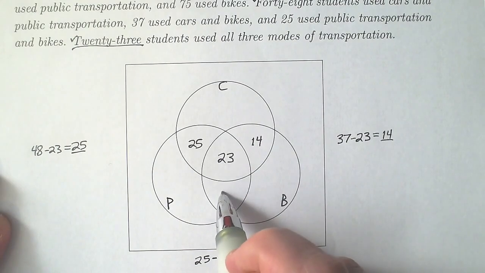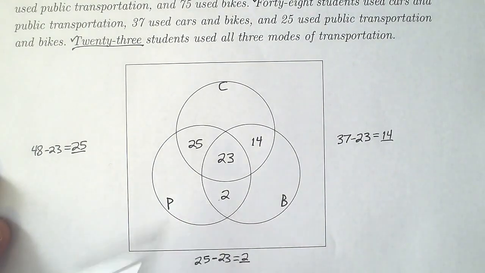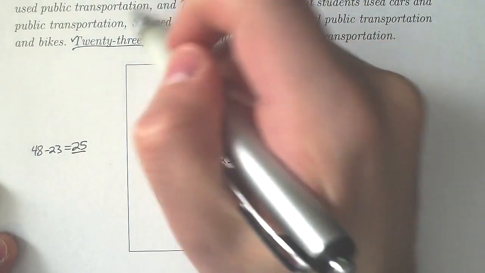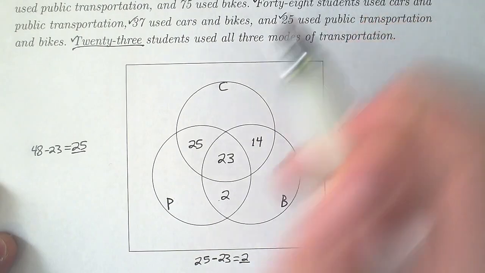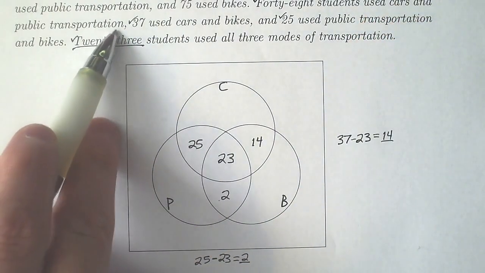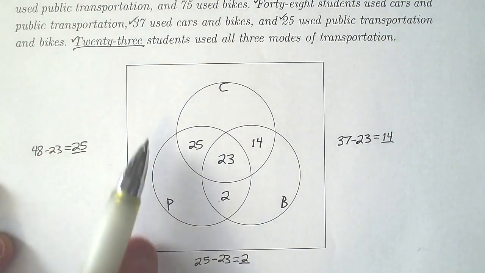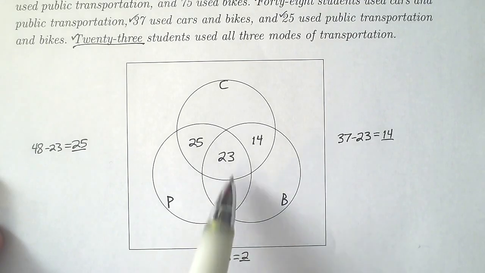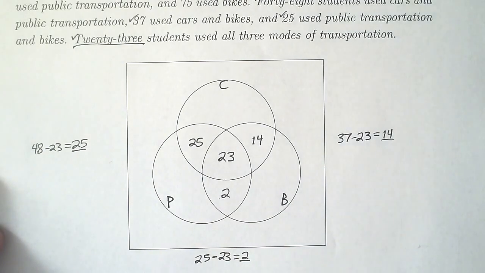It means there's only 2 in this area. And, go and check these off if you want. We used that, we used that. But we're not just copying those numbers into the diagram. It wouldn't really make sense to copy the 37 and the 25. We need to subtract out that 23. Otherwise, those students would get counted more than once.